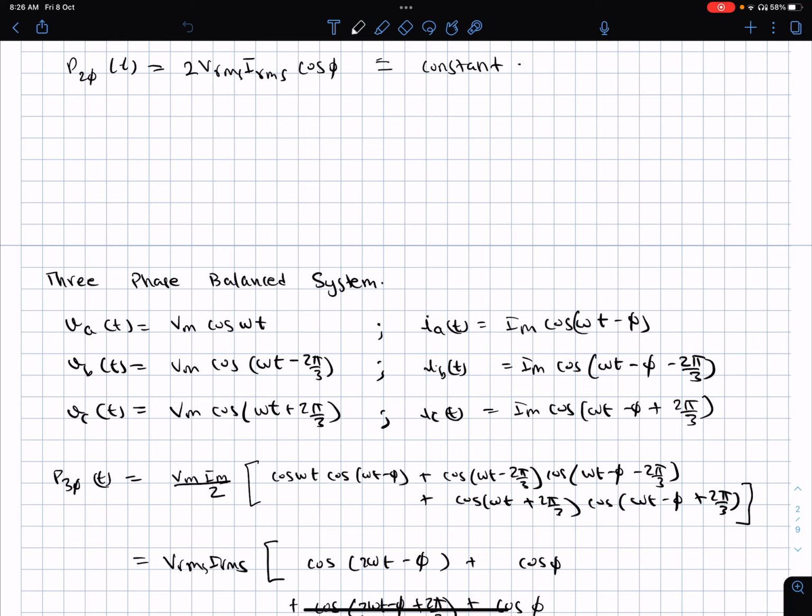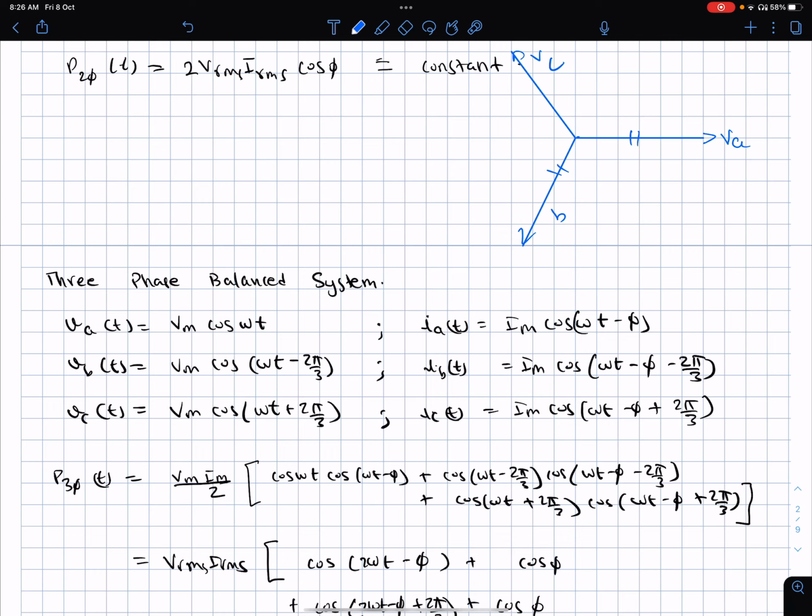So if you draw these phasors, they look like this. If this is my reference voltage, say VA, then this will be VB, and this will be VC.